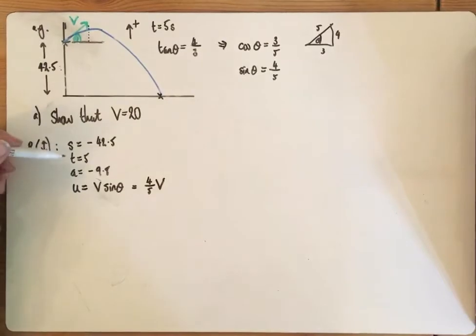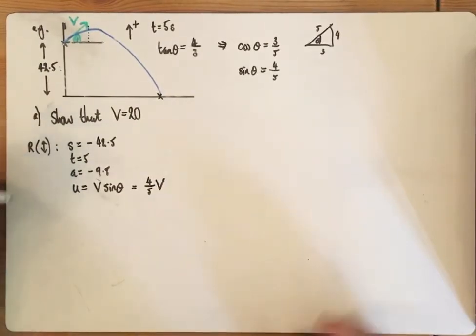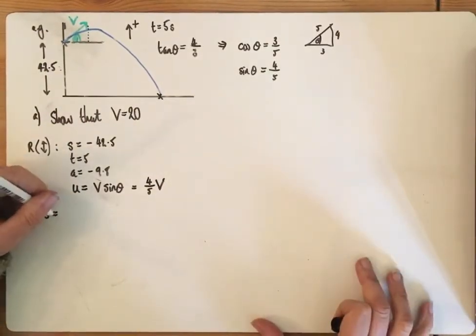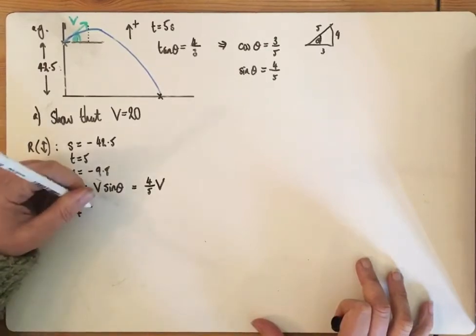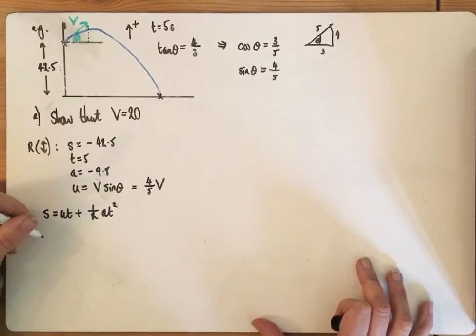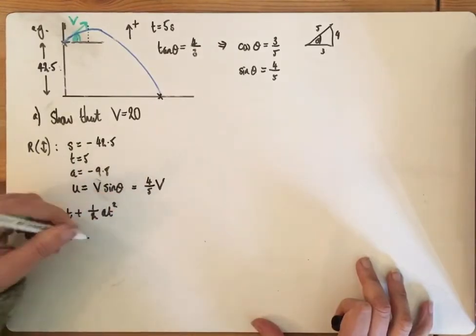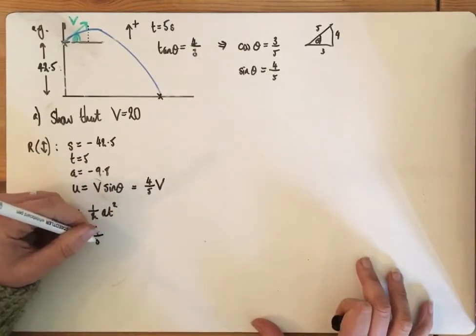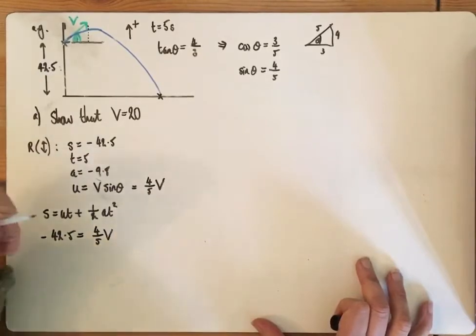And so we need to use S equals UT plus a half AT squared. So substituting in, negative 42.5 is equal to U, which is 4/5 of V. I wish I'd called it something else really, it's a bit confusing.